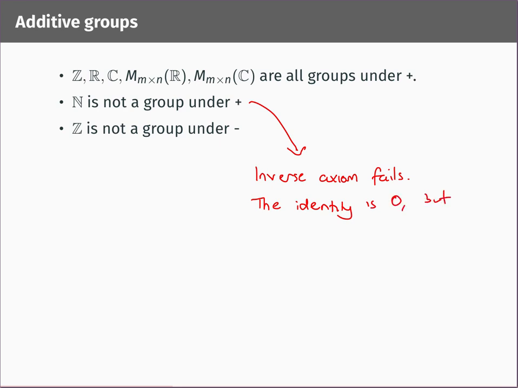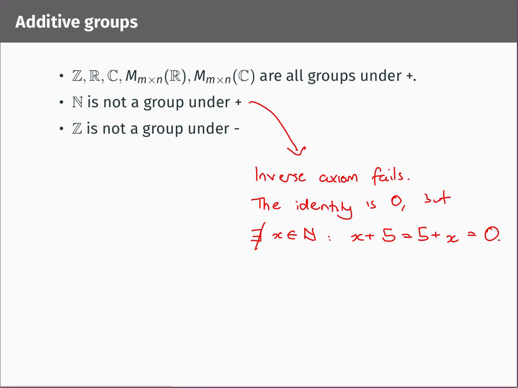But one instance of the inverses axiom would be that for any natural number, let's say 5, there should exist another natural number such that when you add them together on either side, you get 0. But that's not true, so there is no element x in N such that x plus 5 and 5 plus x is equal to 0.